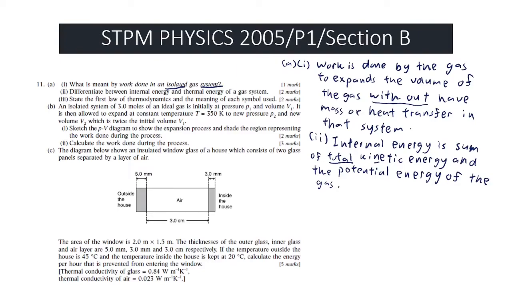And from here, this potential energy, we also have a different kind. One of that is given by the attraction or repulsion between the gas molecules themselves. So this is how we define the internal energy.